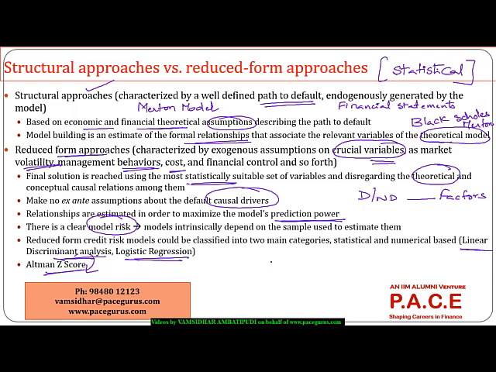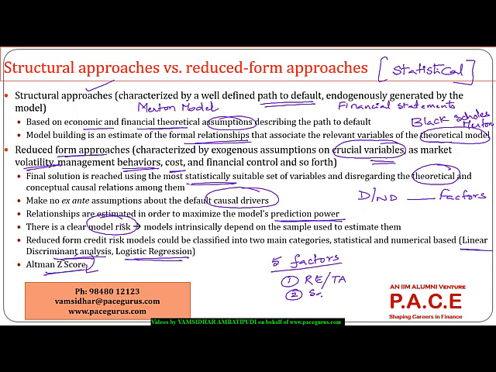It says five different factors are going to influence the creditworthiness of a company. One talks about the retained earnings of the firm to the total assets of the firm.